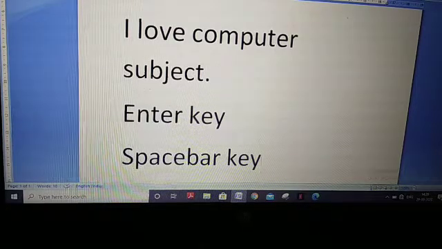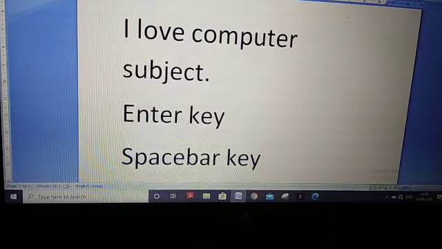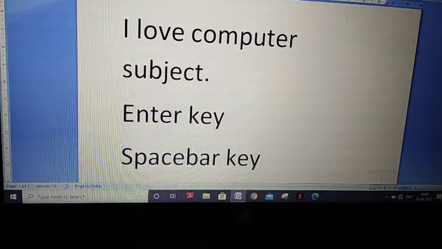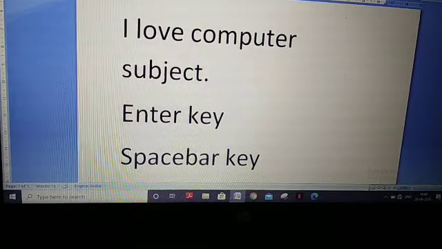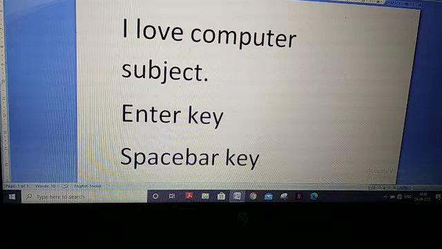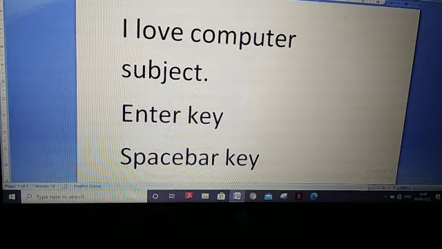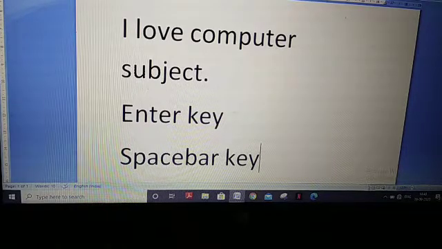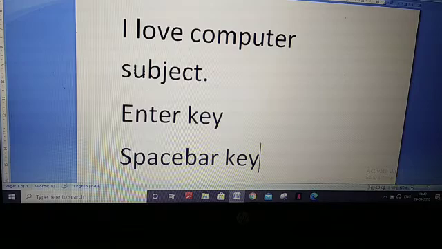So to give space we use the space bar key, and to go to the next line we use the enter key. To start a new line we press the enter key. Understood? I hope you understood these keys.